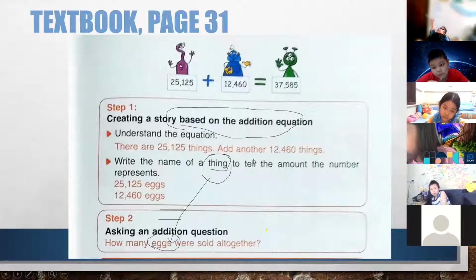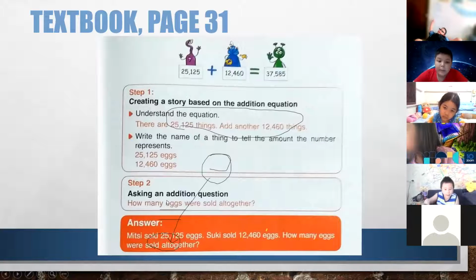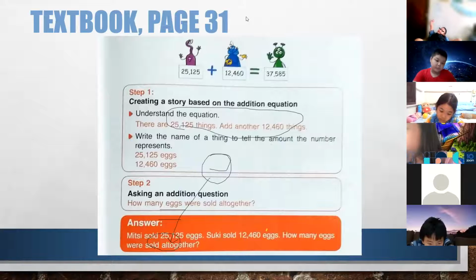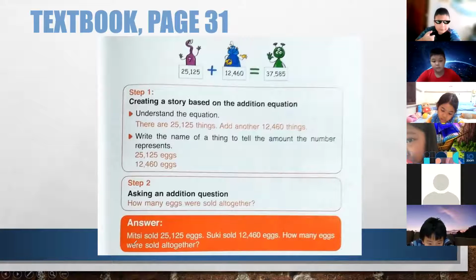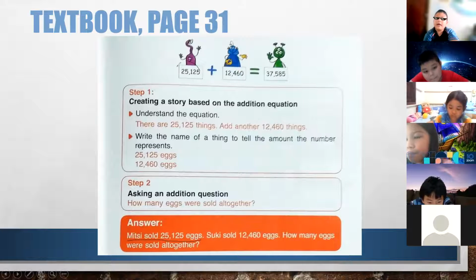Moving on. So this is the perfect or the finished answer. Michi sold 25,125 eggs. This is the first sentence, describing the first number.